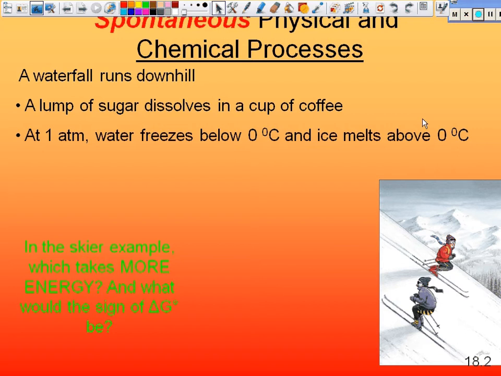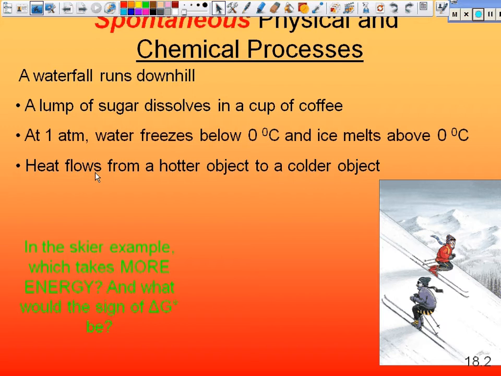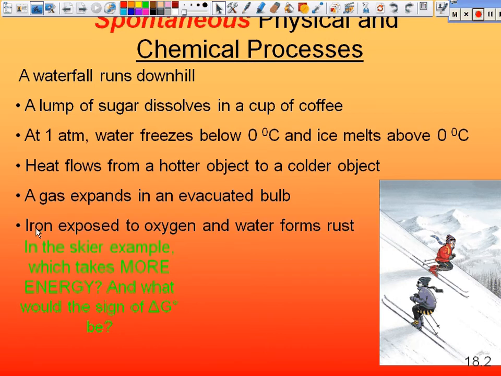That's physical changes. And again, those are all things that are true. Heat flows from a hotter object to a cooler object. That's true. A gas expands in an evacuated bulb. That's also true. And then iron exposed to oxygen and water forms rust. That's a chemical change. Go ahead.